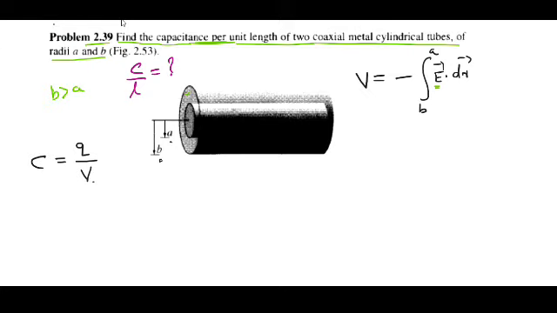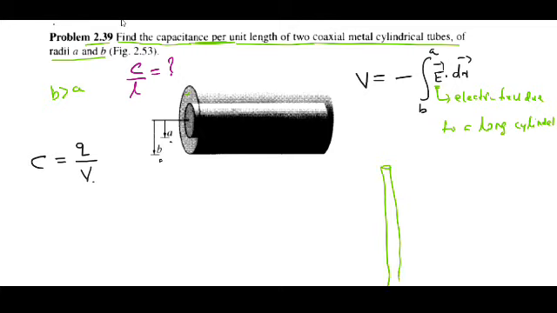This E is the electric field due to the long cylinder. What is a long cylinder? If we consider a very long cylinder, this is equivalent to a charged wire.